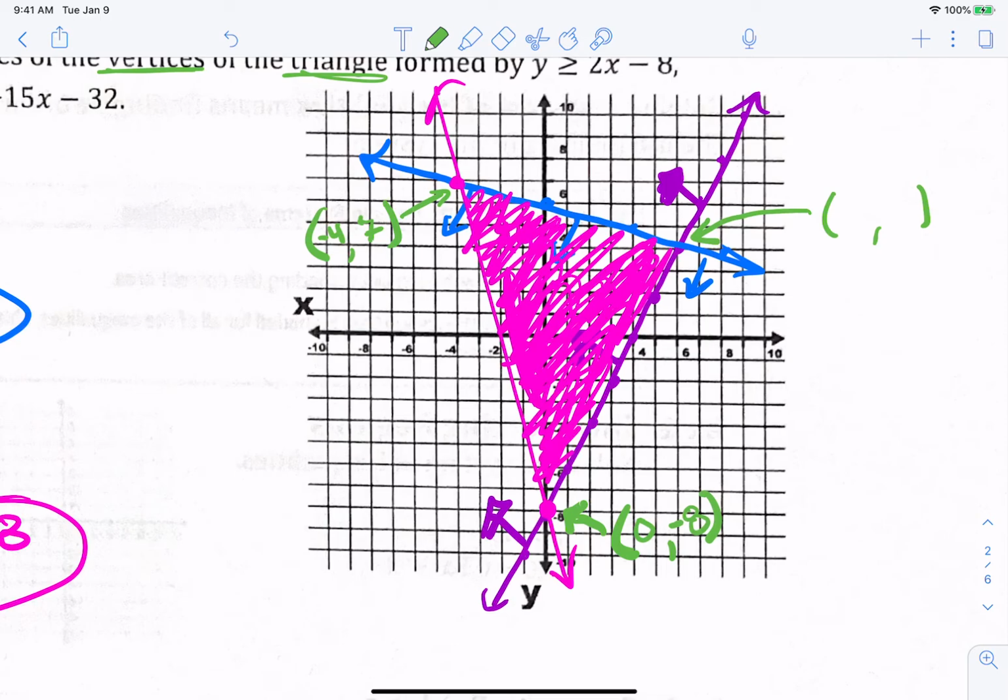If I'm looking to find where two lines cross each other, what could I do? Use the equation. Use substitution or elimination, right?